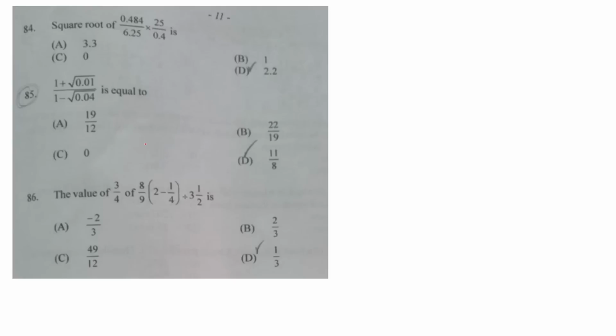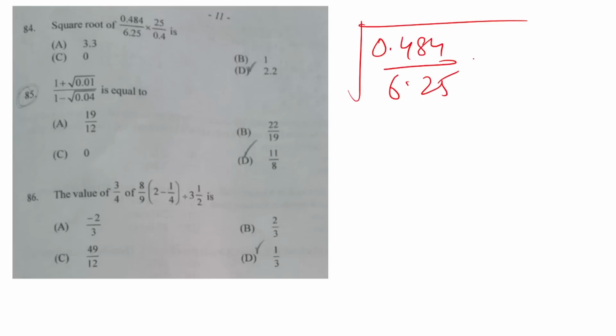Now, what is the value of the square root of 0.484 by 6.25 into 25 by 0.4?